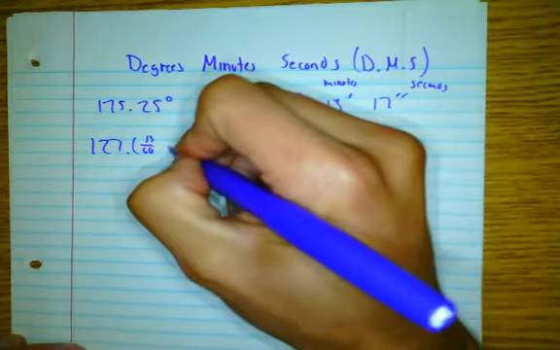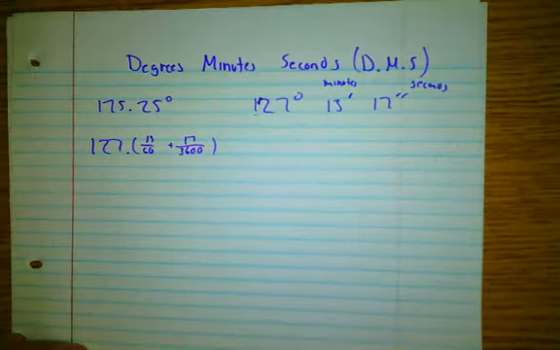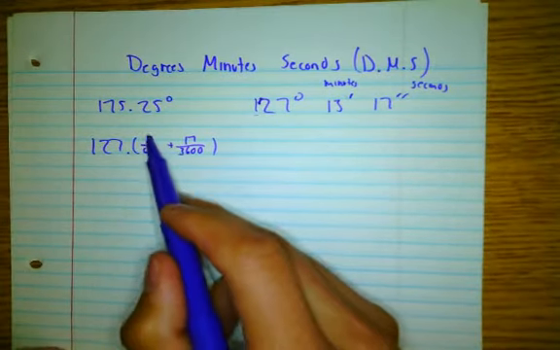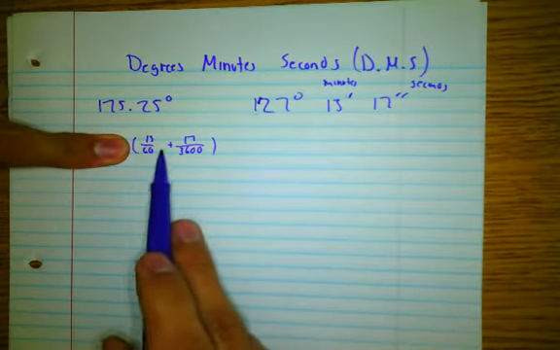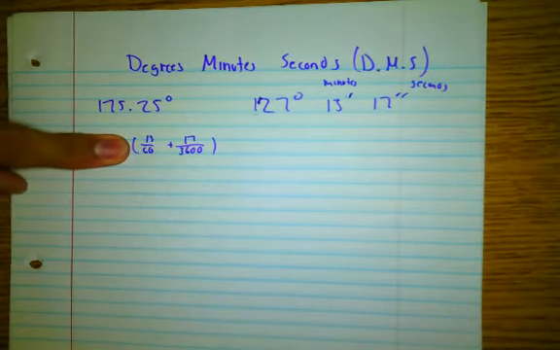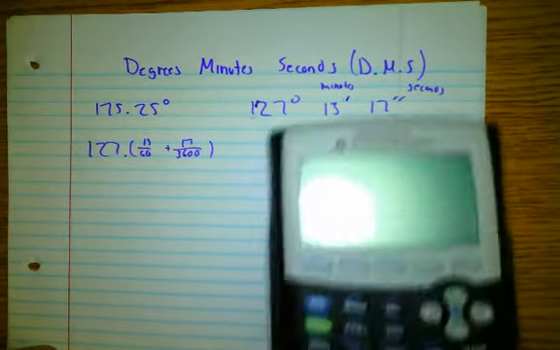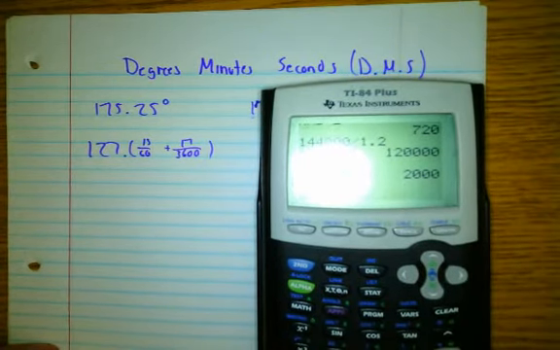Okay? Now, with your calculator, don't plug this in. I only want you to find out what 13 over 60 plus 17 over 3,600 is. Someone try it, please. Okay. Almost no one has their calculator. 13 over 60 plus 17 over 3,600.